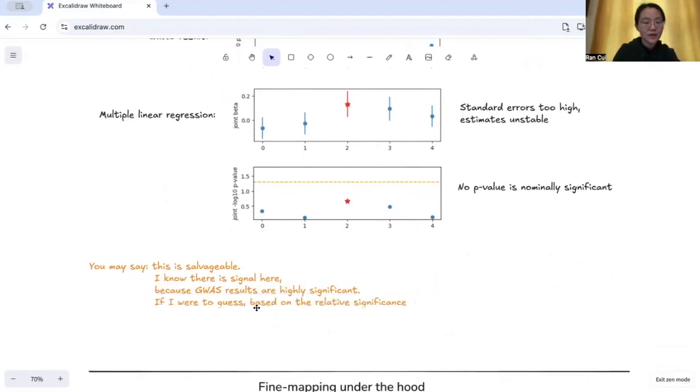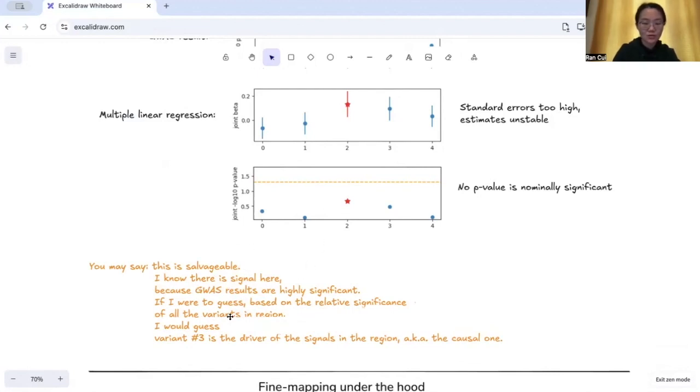And if I were to guess based on the relative significance of all these points, I would guess that variant 3 is the driver of the signals in the region, also known as the causal one. It looks like I'm writing poetry, but I'm actually not. I'm just trying to set up for a big reveal here. So you're right, this is salvageable. And you're right to guess the top point.